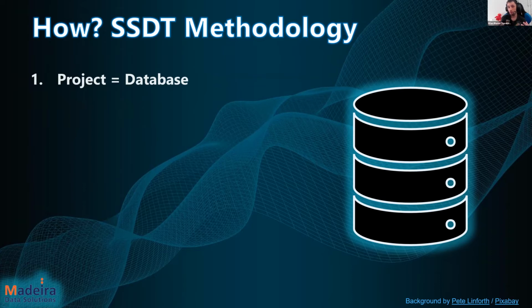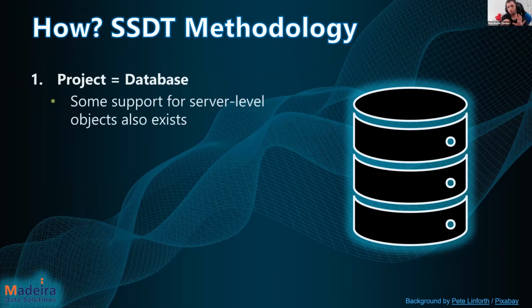These are database projects, and that is what we would save in our source control. There is some support for server level objects, such as logins. I think there's also a few other object types, but not all of them. Most of the server level objects are not supported. For example, jobs are not supported, at least not natively as an object.